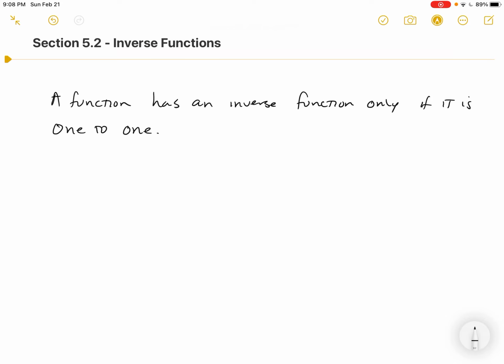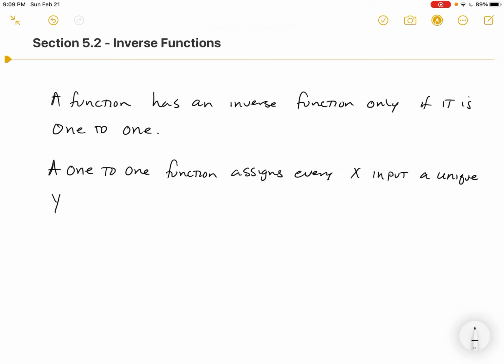So remember what one-to-one is. A one-to-one function assigns every x input a unique y output.